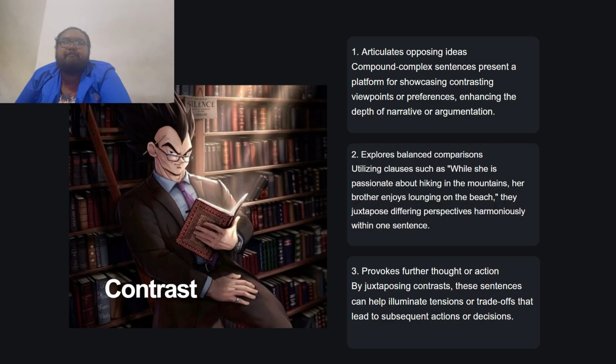They juxtapose differing perspectives harmoniously within one sentence. Now, number three, provoke further thought or action. By juxtaposing contrast, these sentences can help illuminate tension or trade-offs that lead to subsequent action or decision.